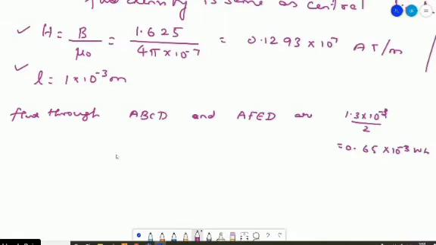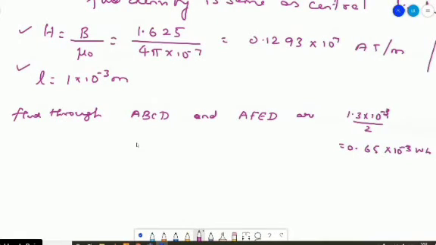Now let us see the flux density. Because these two are parallel arms, you don't have to individually calculate the MMF required for each side arm. Doing it for one is sufficient, because the dimensions are the same, the material usage is the same, and moreover they are in parallel.